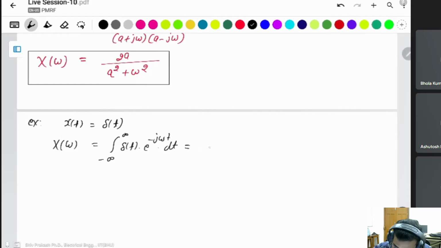Simply you can put e to the power of minus j omega 0 in place of t, and this will be 1.